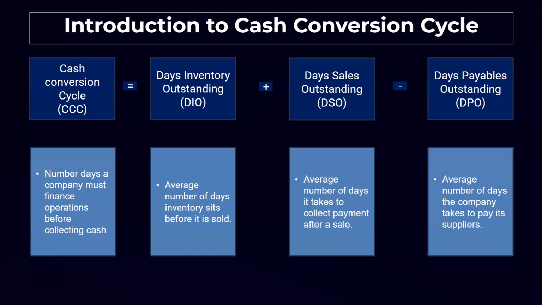Whenever you're computing these metrics, what you should be looking at is, if the seller is telling you, generally my suppliers give me 30 days of credit period, but when you compute the days payable outstanding, you see that it is 60 days. What that would mean is they are stretching payables, which may impact vendor relations in the future. So these kinds of things should be looked into when you are computing cash conversion cycle.